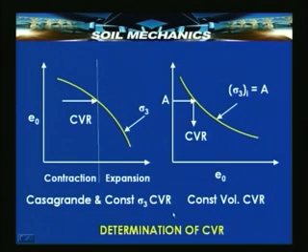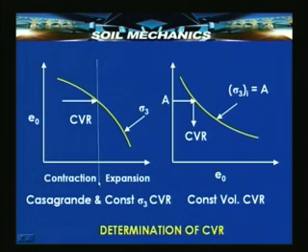Casagrande and constant sigma 3 CVR can both be determined by conducting a typical triaxial test, plotting the volume change, either contraction or expansion, along the y axis against the void ratio, and here is this vertical line which signifies that on the left of this there is contraction, on the right of this there is expansion depending upon the void ratio.